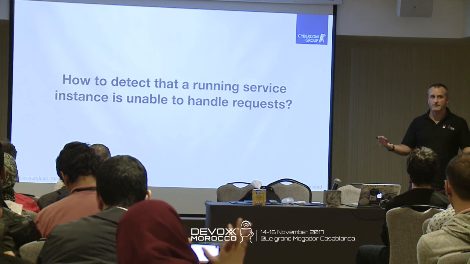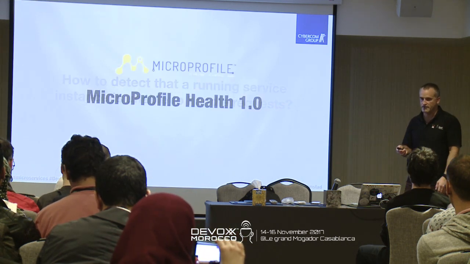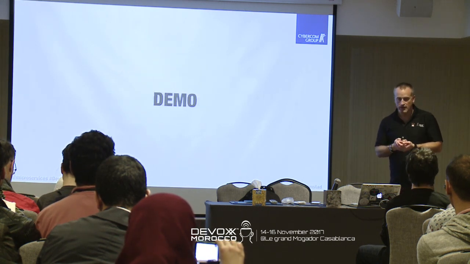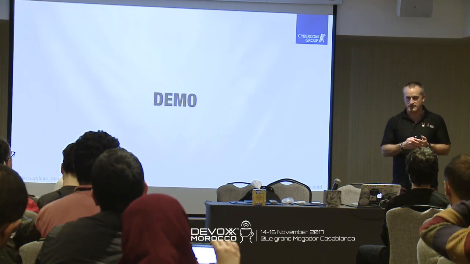And you don't want to code this for every single service you do. You want some easy way of configuring it. MicroProfile Health provides this for you. I'll show you a demo. I'll just go through the next pattern and do that demo at the same time.